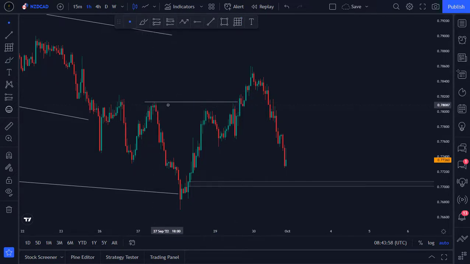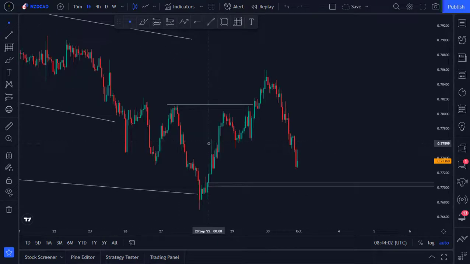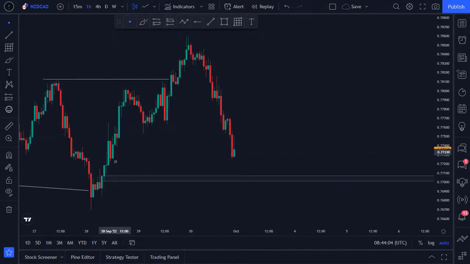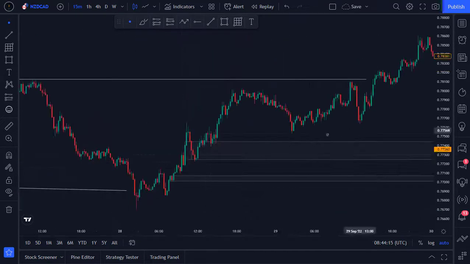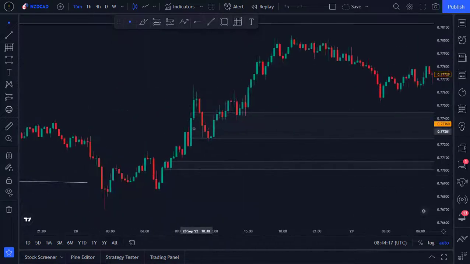So upon breaking this lower high, I went down to a lower time frame because I could not see any order block in these levels. You can say this is an order block which it might react to, but if we go down to a lower time frame, we can see that this order block was already tested over here.